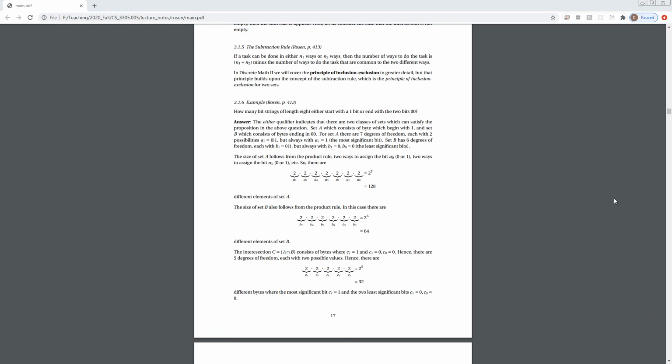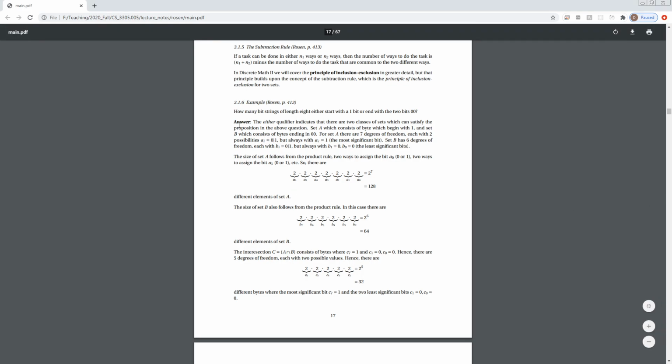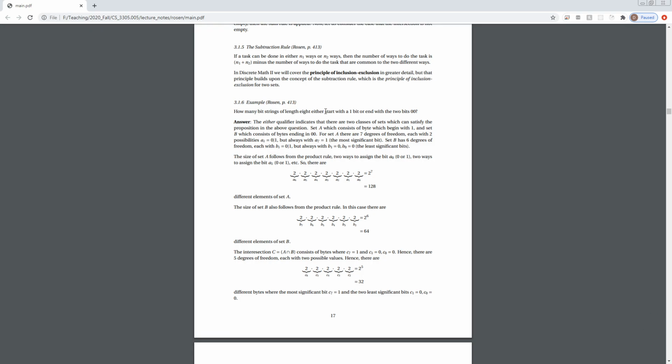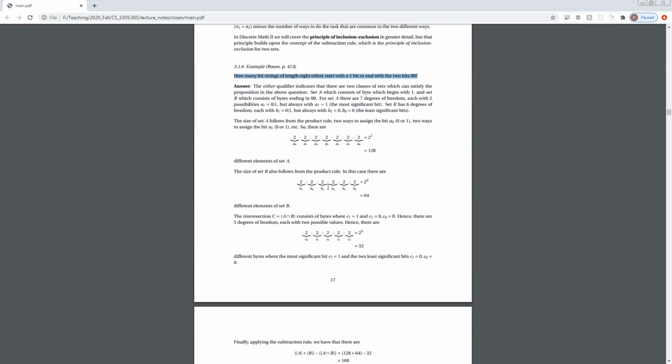Okay, I believe yesterday, whenever we left off, we left off right here with the example for the principle of inclusion and exclusion. You can read through the notes for the explicit explanation of what's going on here, but this is the question that this answer expounds upon.